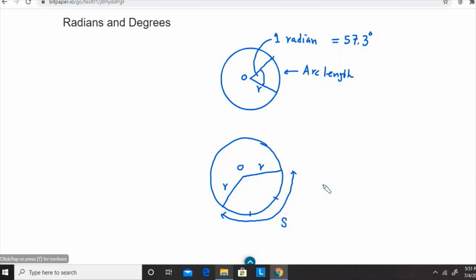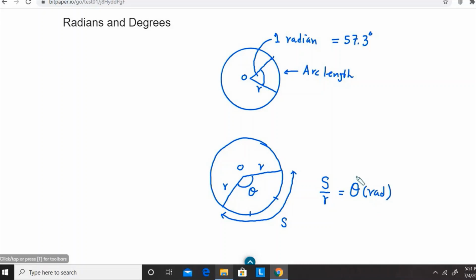So what I need to do is get that arc length and then divide that arc length by the radius, and this ratio is equal to the angle subtended at the center in radians.